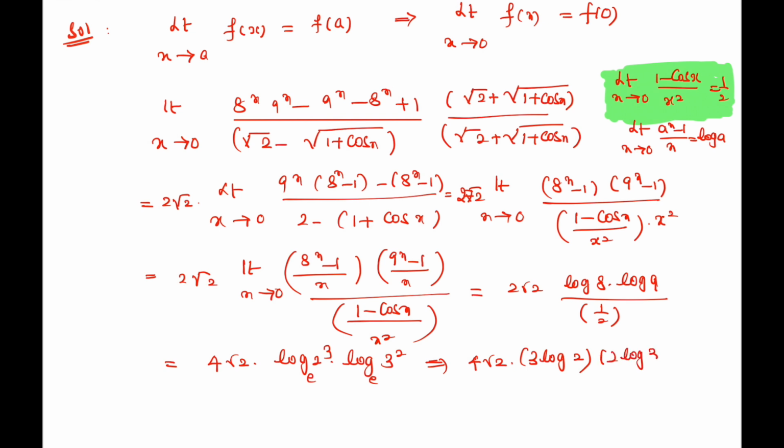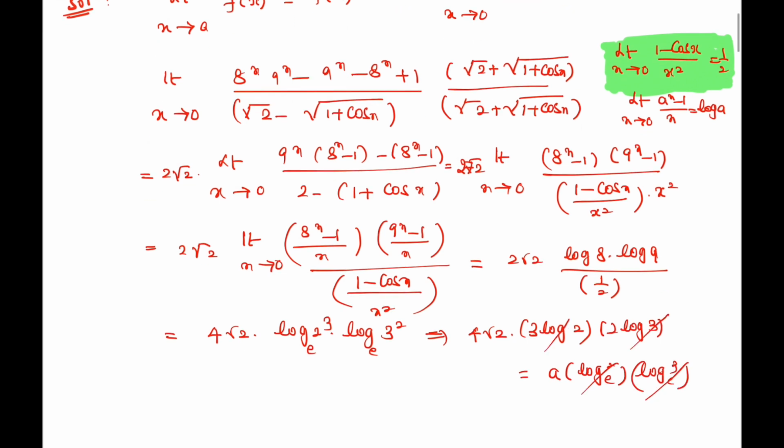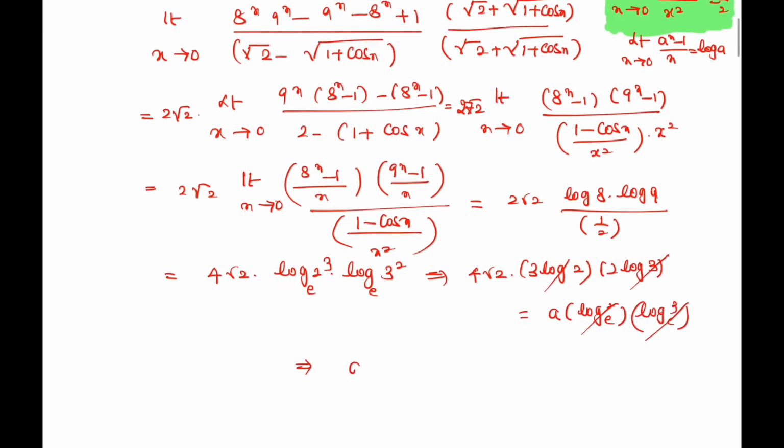Now this is the limit value, and it is equal to the function value, which is given as a into log 2 base e into log 3 base e. So log 2 and log 3 cancel, and you get the value of a: 4 into 3 into 2 is 24, so 24 root 2 is the a value.